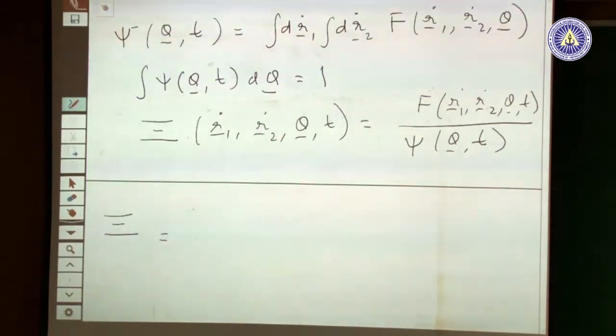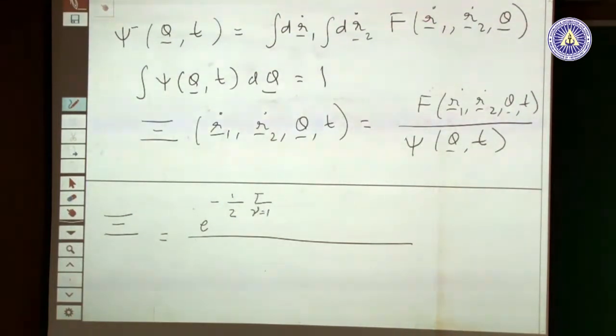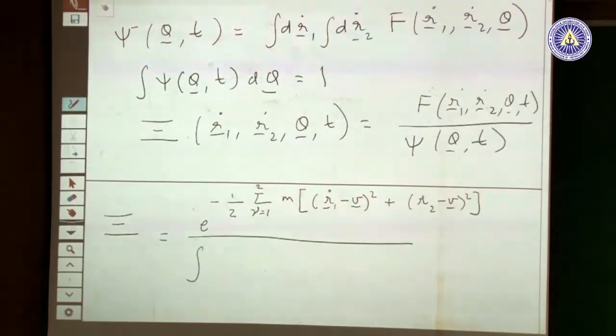That it actually has this specific form, e to the power of minus 1 over 2 sigma nu equal to 1 to 2 of m times r1 dot minus v squared plus r2 dot minus v squared, divided by the integral of this, which is the normalization, or essentially the partition function in velocity space.